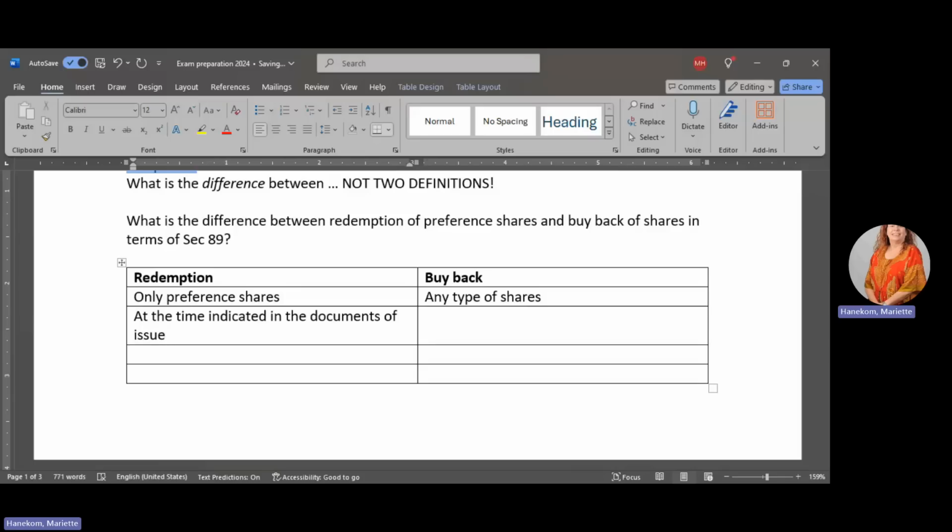So when you buy these redeemable preference shares, you know that in 2 years' time, they will be redeemed. Buying back of shares, anytime when the company deems it necessary.